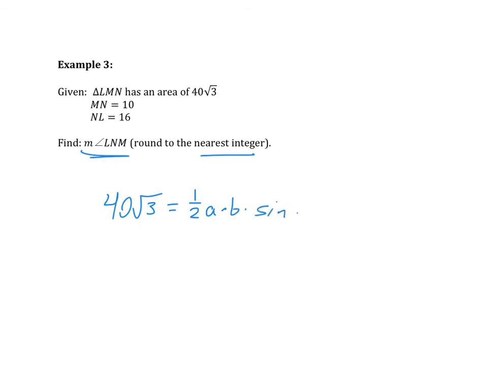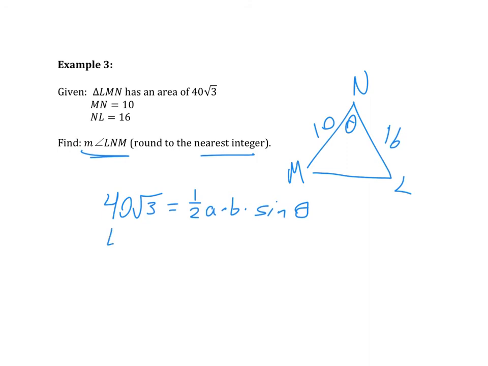I want to make sure, though, I have the angles that I need, so let's draw a picture. MN is 10, and L is 16, and LMN, oh, perfect. Side, angle, side pattern. So then I can use this formula.